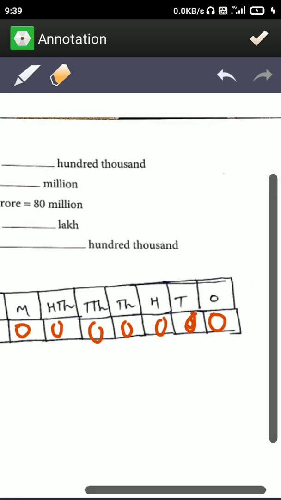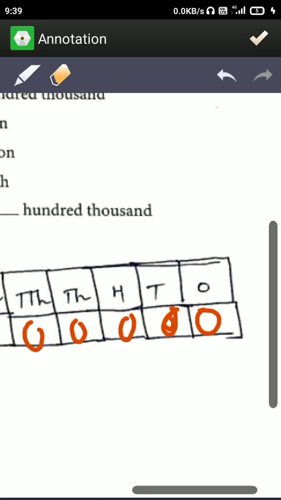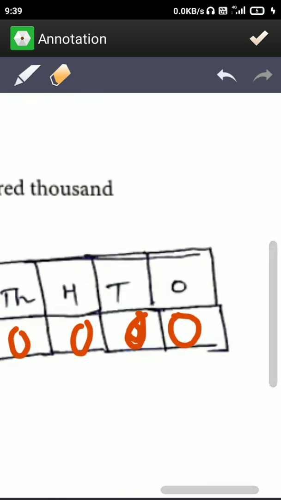So let's make a place value chart for the Indian system of numeration.